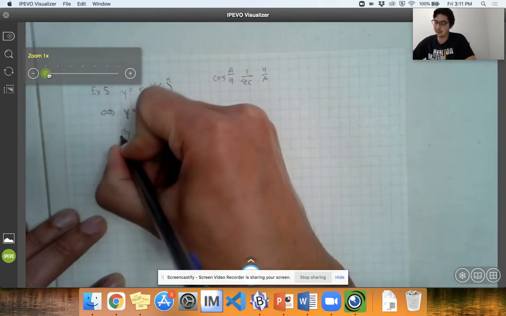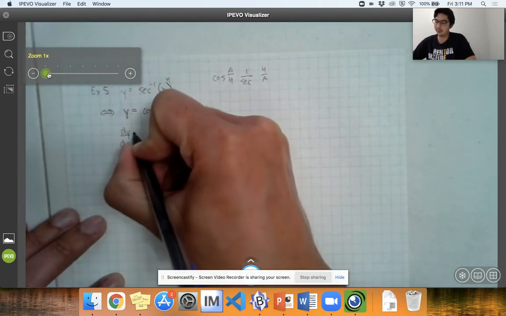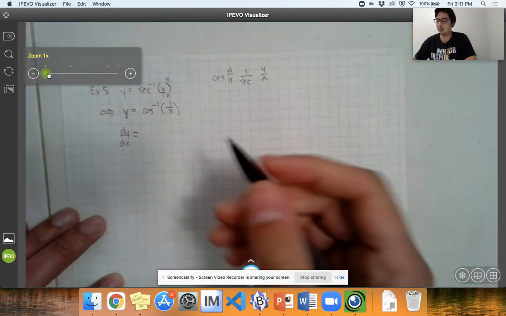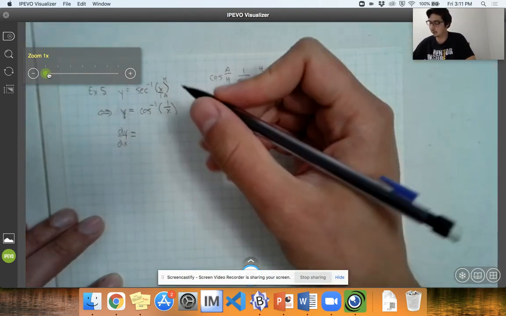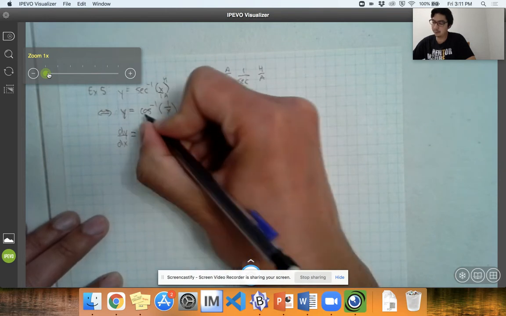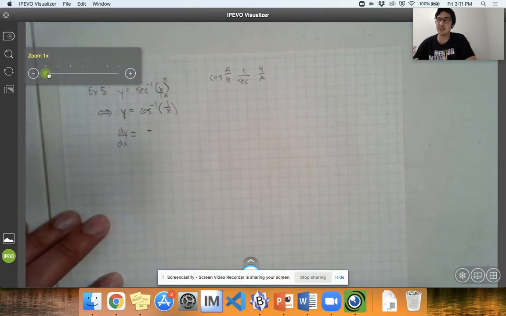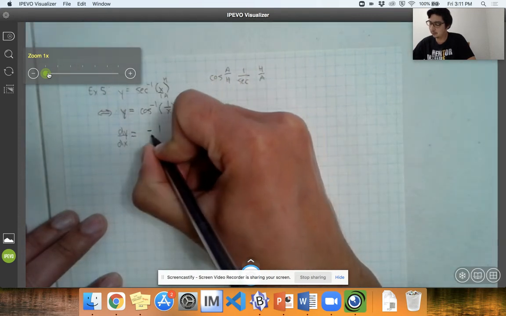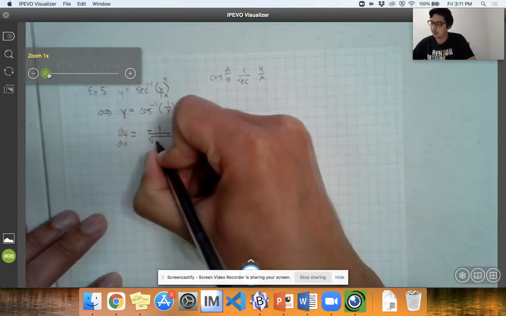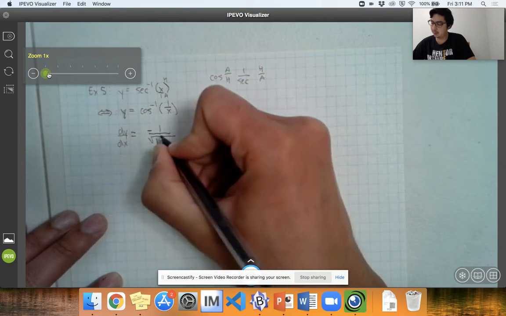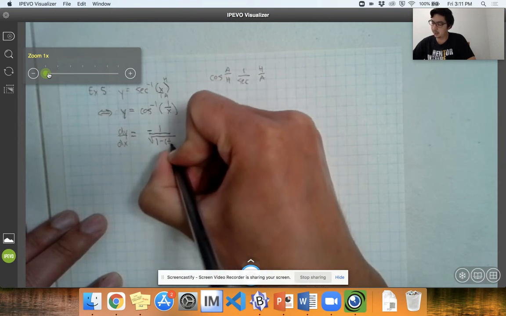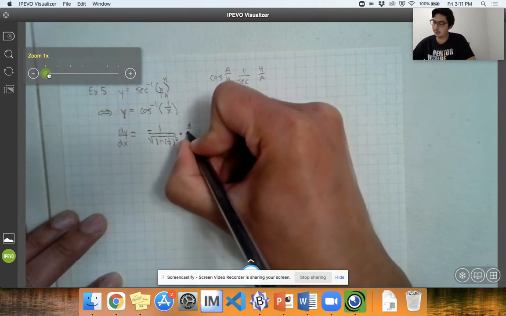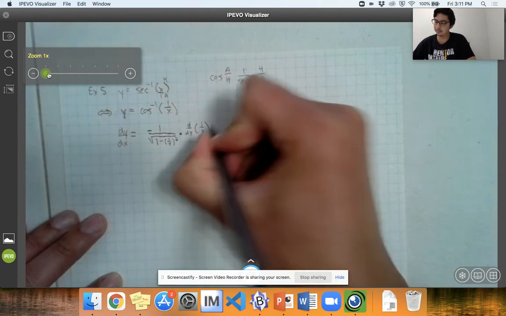The derivative of this function, and you could work it out with right triangles, but if you use what we had prior when we found it earlier in this video, it's going to be negative because it starts with a c. The derivative of any trig function that starts with a c is a negative. Negative 1 over the square root of 1 minus your input, which is 1 over x squared, and by chain rule times the derivative of your input, 1 over x.